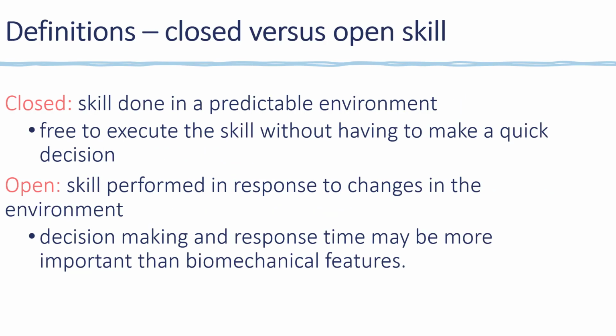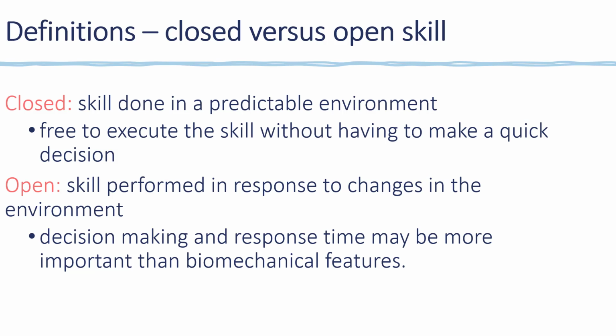Okay, so next we have a difference between a closed and an open skill. A closed skill would be done in a predictable environment. So you're free to execute the skill without having to make any quick decisions. An example of a closed skill would be a squat that's done in a squat rack at the gym. It's a predictable environment.